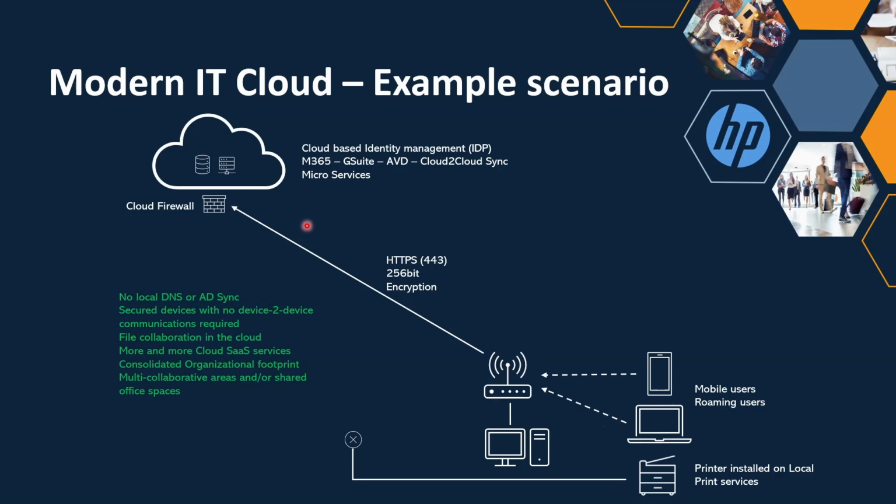The more we've seen this adopted, we now call it the Internet Office or the Internet Only Office. This has been a big trend. It's actually no longer a trend. This is what's happening today, and it will continue to happen.